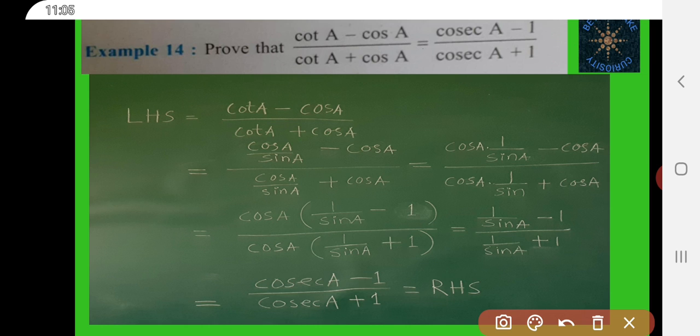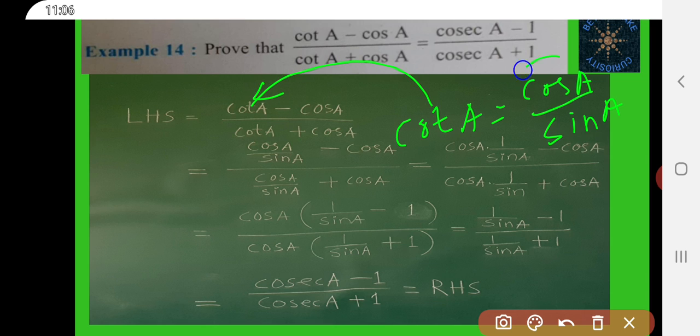Take left hand side this. Okay. Here cot A minus cos A by cot A plus cos A. You can write cot A, that is cos A by sin A. So now you can write in cot A, you can write this.